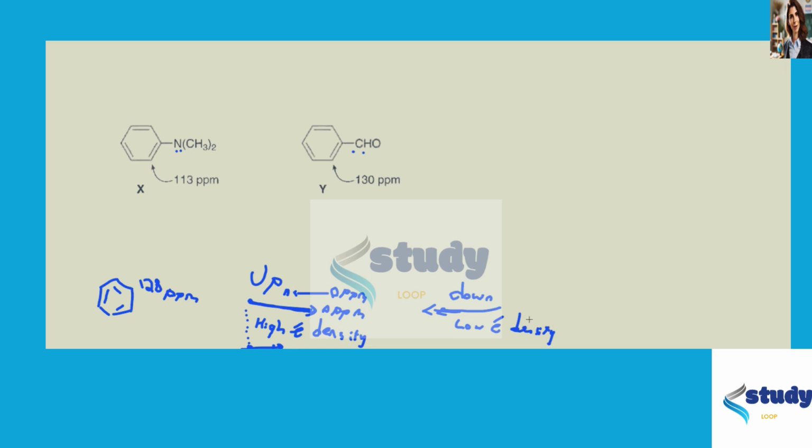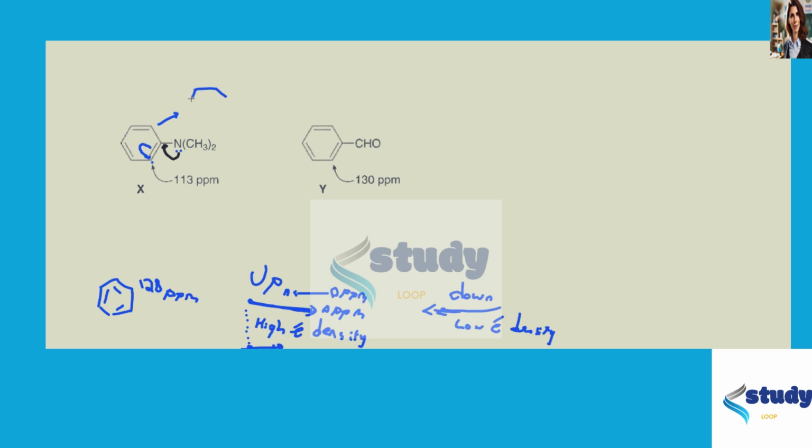Now this is where electron donating and electron withdrawing substituents come in. If we see we have a nitrogen here on compound X, nitrogen has a lone pair of electrons. This nitrogen can donate electron density to our benzene ring in the form of a resonance structure. If we make a double bond here, we can move this pi bond to this carbon.